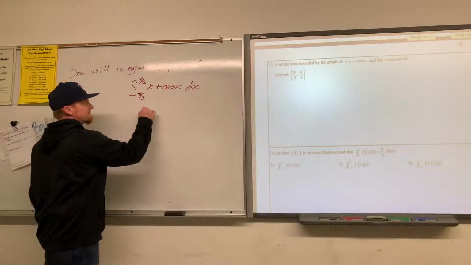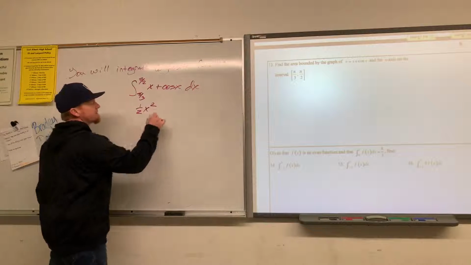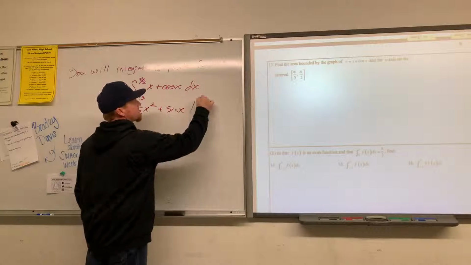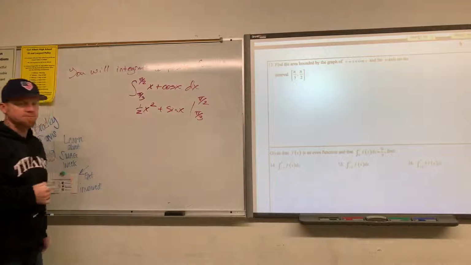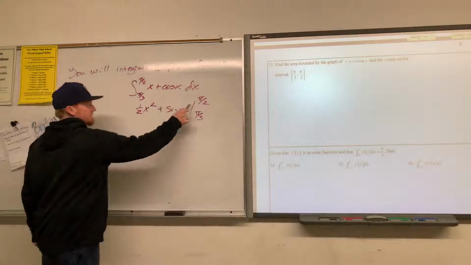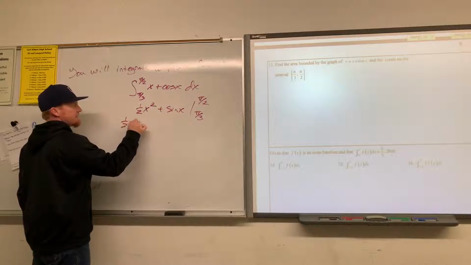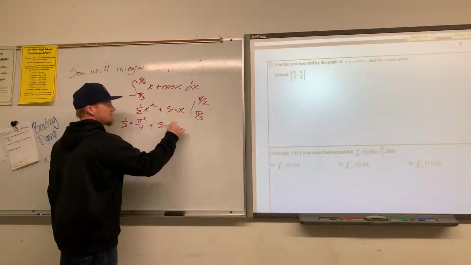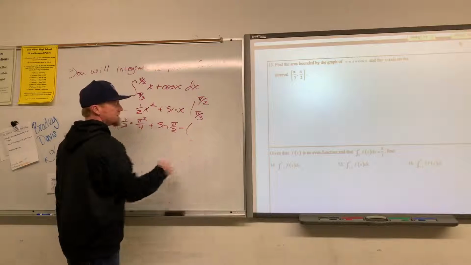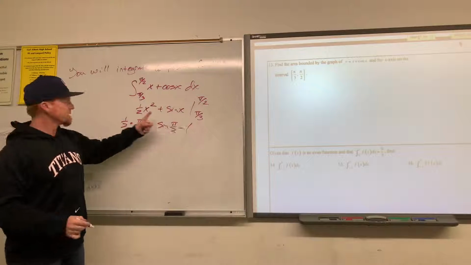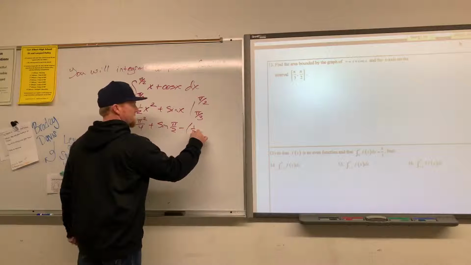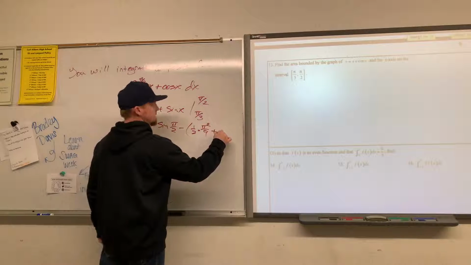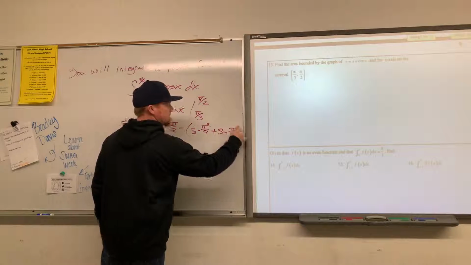All right, so if I integrate, that's x squared and 1/2. That's sine of x. We're going from pi over 3 to pi over 2. So I plug this in here, so that's going to be 1/2 times pi squared over 4 plus sine of pi over 2 minus, plug in the pi over 3, so that's going to be 1/2 times pi squared over 9, and then plus sine of pi over 3.